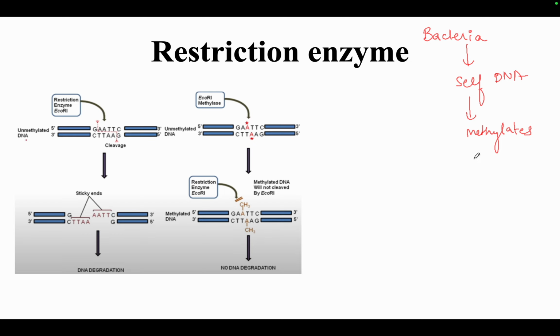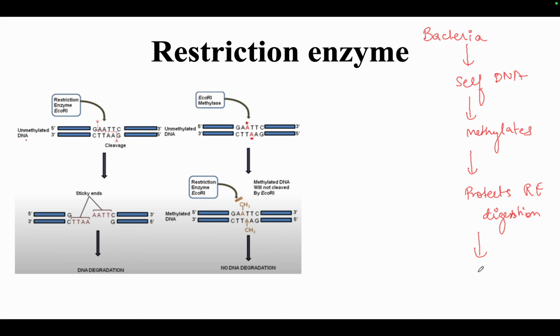This methylation protects against restriction enzyme digestion. Whenever there is methylation on the DNA, the restriction enzyme won't cleave those sites. Thus the bacteria protect their own DNA, and the phage doesn't have any methylation on its genome.